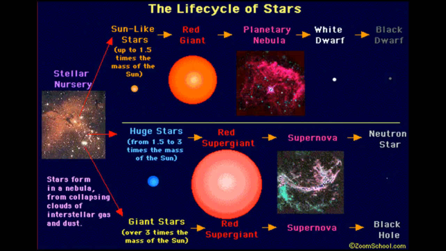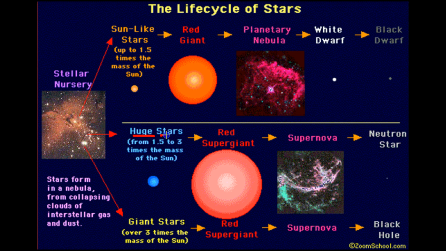Okay, now let's look at the life cycle of stars much more massive than our sun. We will separate them into two categories and make a similar flowchart to the one we made for sun-like stars. First, let's look at huge stars. So we're looking now here on this diagram at huge stars.